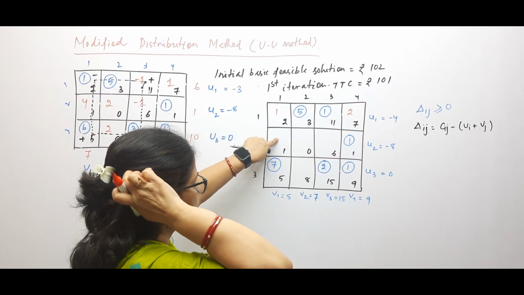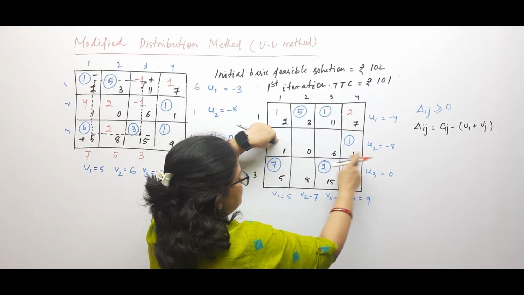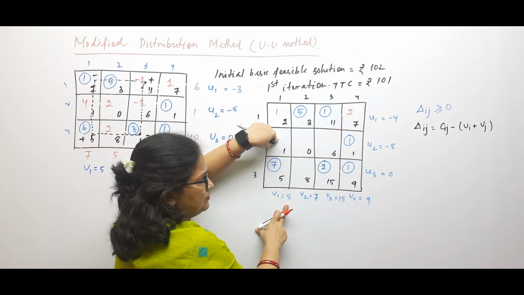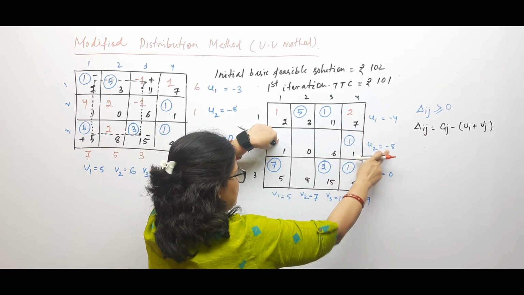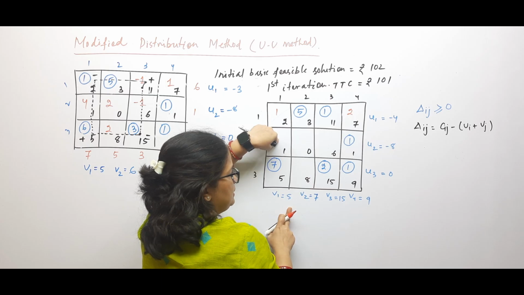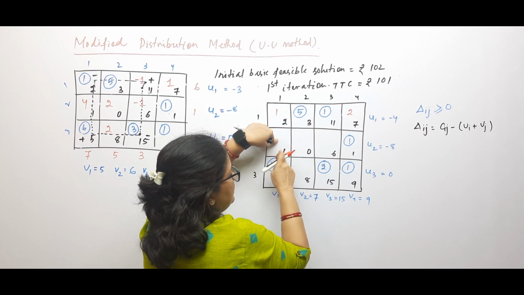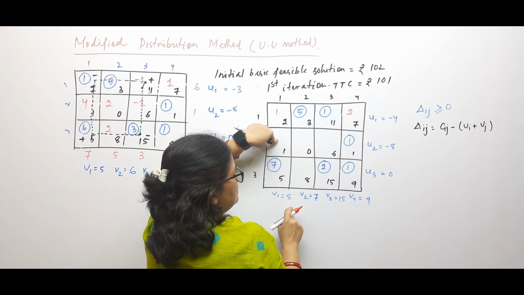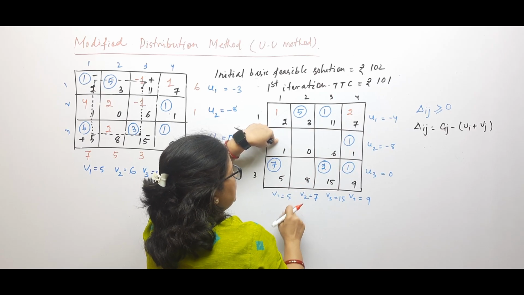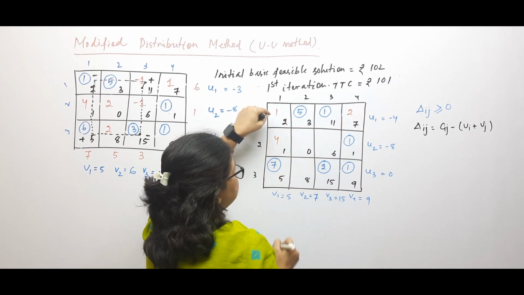For this, we can calculate that is U2 plus V1. That is minus 8 plus 5, that is minus 3. So for this 1 minus minus 3, that is 4.